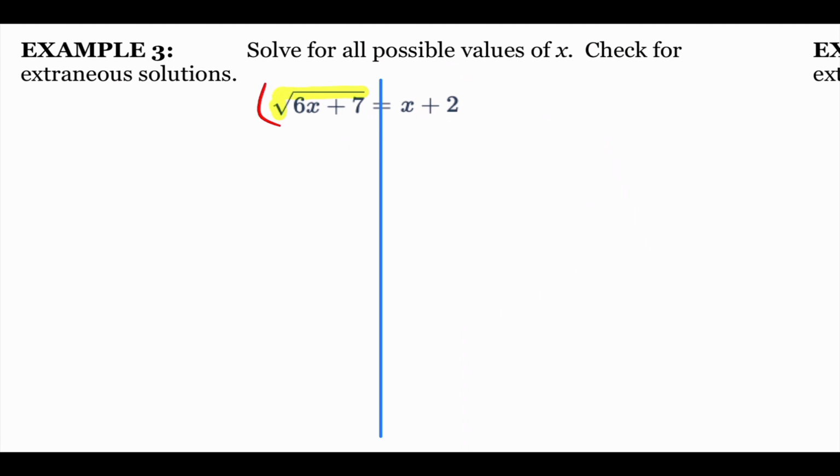Okay, so square this side. Square this side. I've got to do it to both. When I square a square root, whatever was in there before is just the same. It's 6x plus 7.